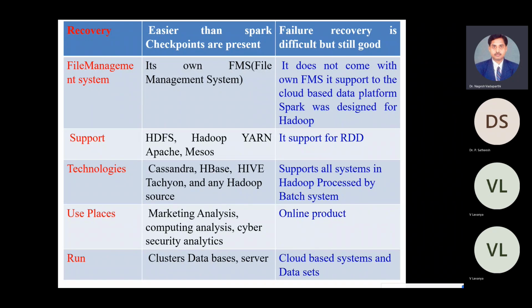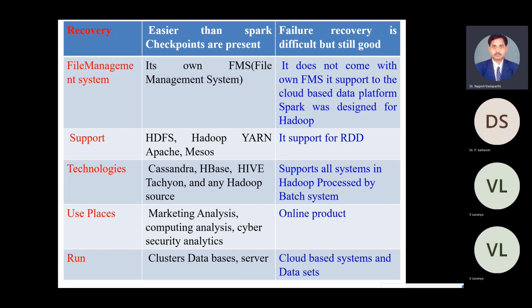Next parameter is use places. In a Hadoop environment, we use it in places like marketing analytics, marketing analysis, computing analysis, cyber security data analytics. Whereas in Spark environment, use places are online products.